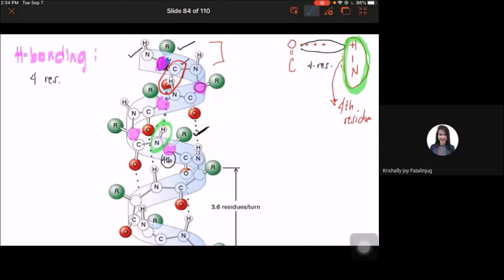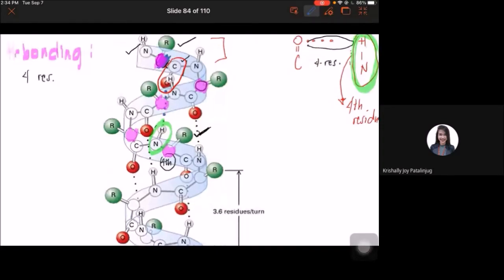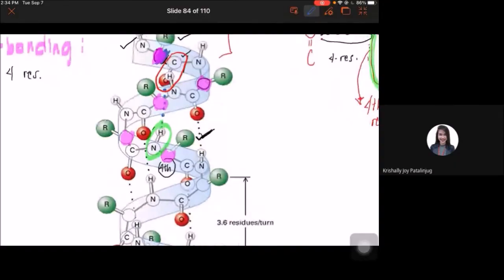Mayroon kayong makikitang dots, na-highlight ko na kulay blue. So, yan yung hydrogen bond. 4 residues in between, tsaka ma-form yung hydrogen bond. Yan yung ibig sabihin ng formation of H-bonds. Pagitan, nakapagitan is 4 residues. 4 residues away.